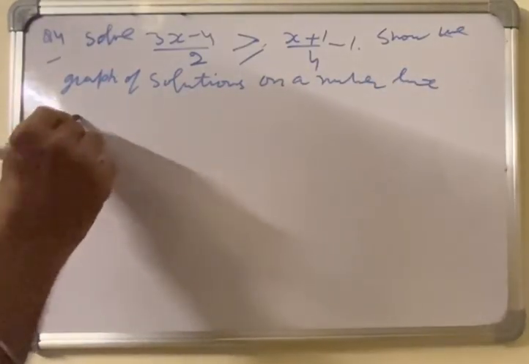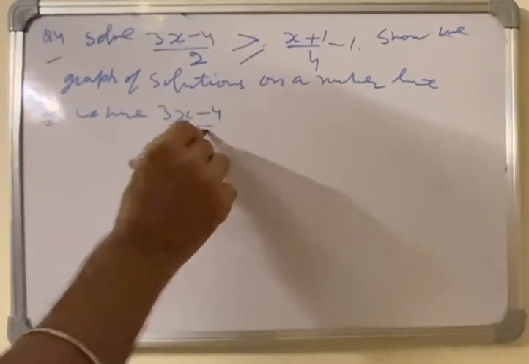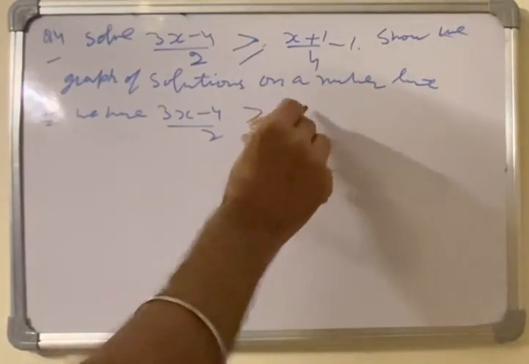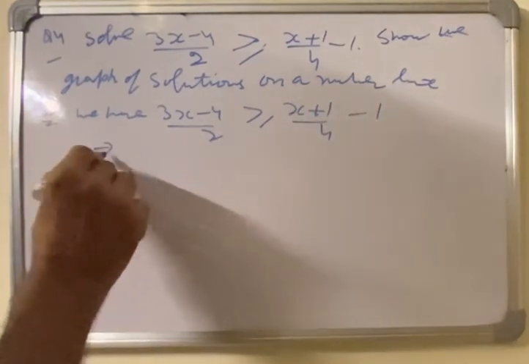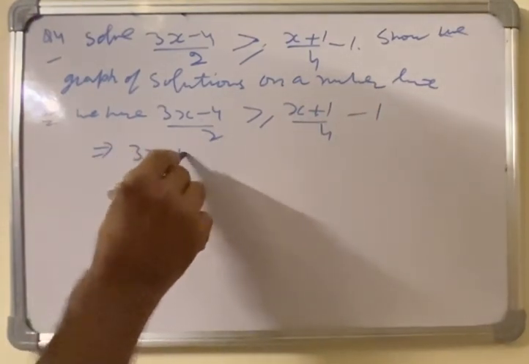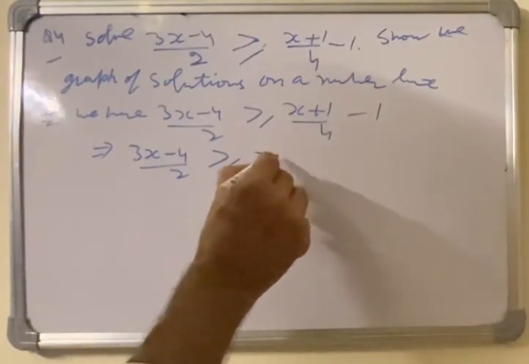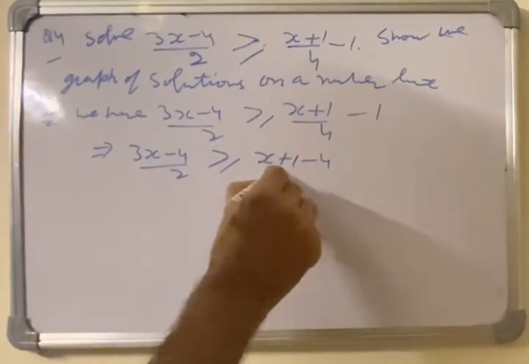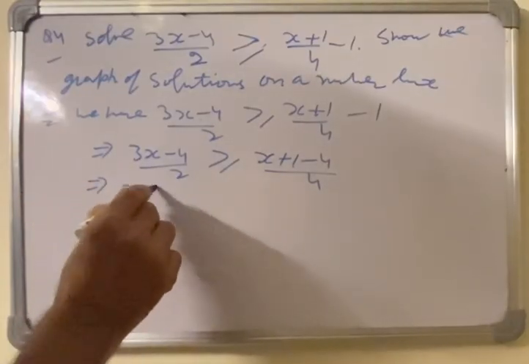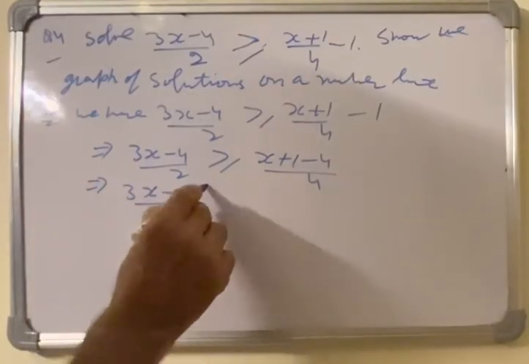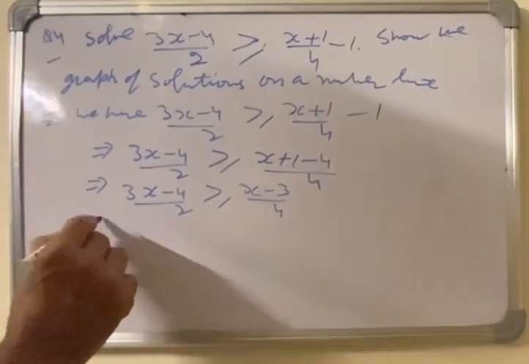Solution, we have 3x minus 4 over 2 greater than equal to x plus 1 over 4 minus 1, which will give you 3x minus 4 over 2 greater than equal to, take LCM, x plus 1 minus 4 over 4. So this is 3x minus 4 over 2 greater than equal to x minus 3 over 4, cross multiply.